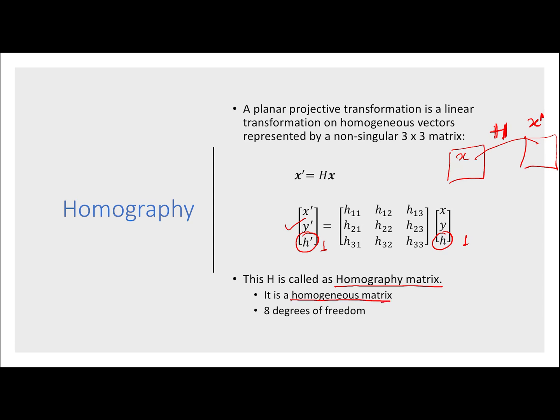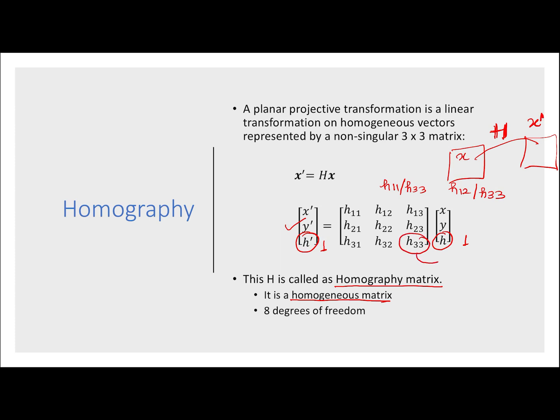Here this H is also a homogeneous matrix, that is, since it is a homogeneous representation, only the ratio of matrix elements is significant.